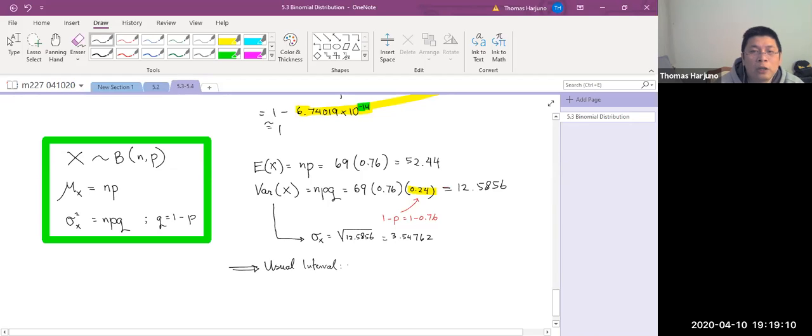The usual interval, as we learned before in your test 1 number 9, as I remember, is mu minus twice the standard deviation to mu plus twice the standard deviation. So the lower fence will be 52.44 minus 2 times 12.5856.